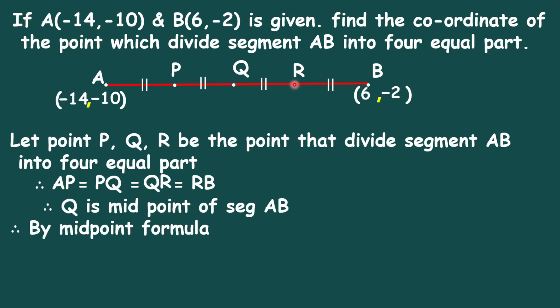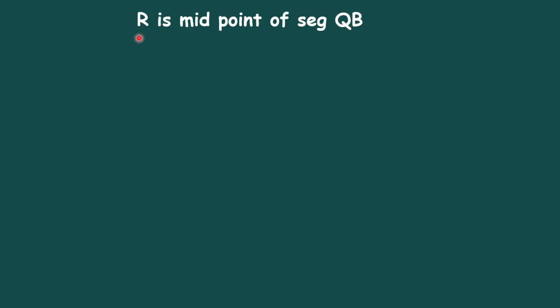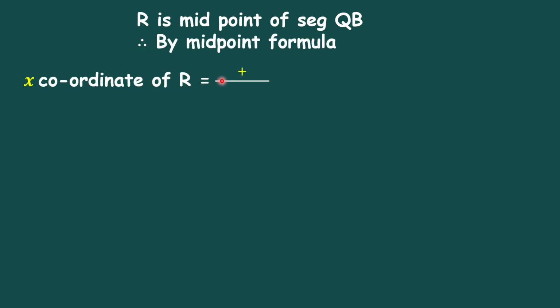Now here the point R divides the segment BQ in two equal parts. That means R is a midpoint of segment BQ. Therefore by the midpoint formula, the x coordinate of point R is x1 plus x2 upon 2.